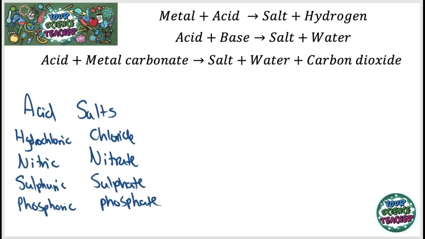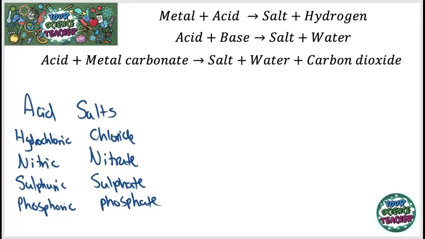And when it comes to naming these salts, what you always do is you take the metal and you use that for the first half of the salt's name, and you use the acid to get the second half of that salt's name. So let's have a look at an example reaction.